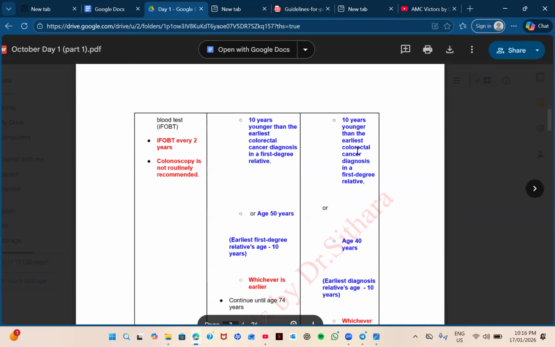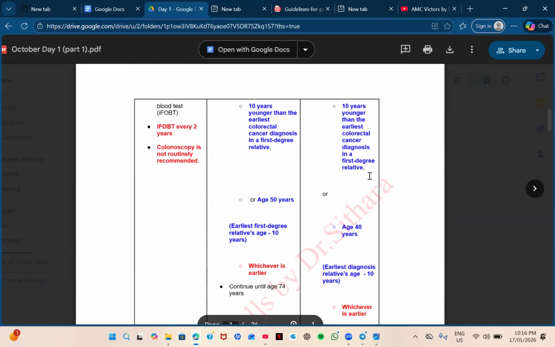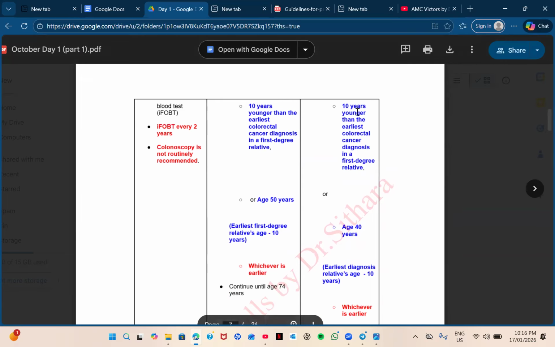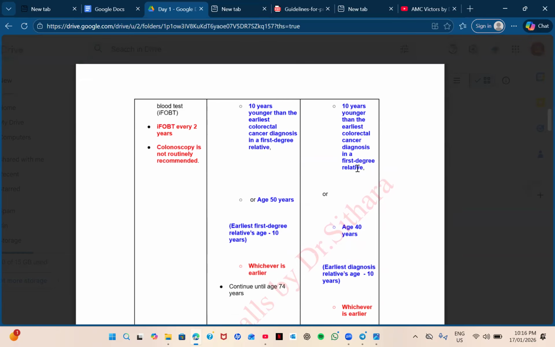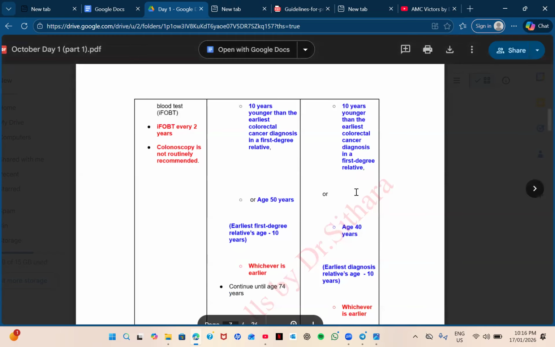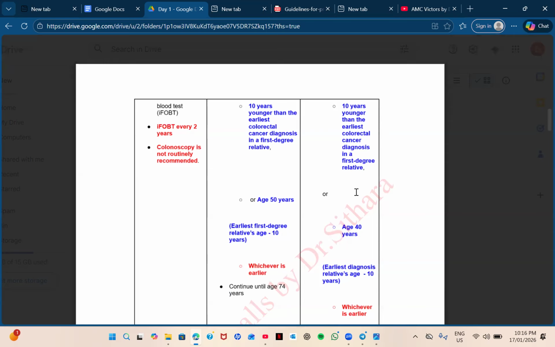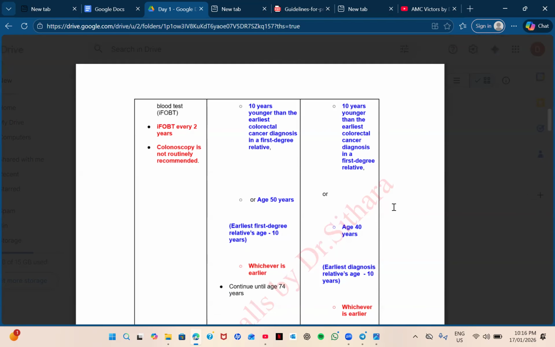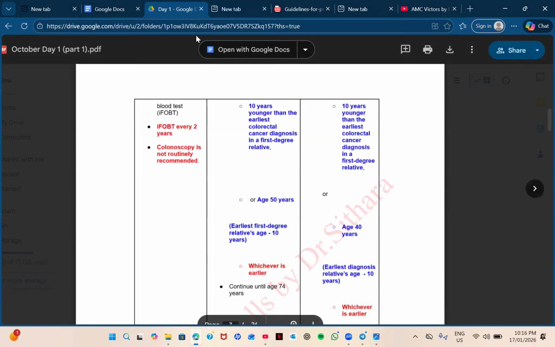Okay, I'll give an example. High risk patient and father diagnosed at 55. Then the patient is in the higher risk category. So when we should start the screening? 40. Why 40?